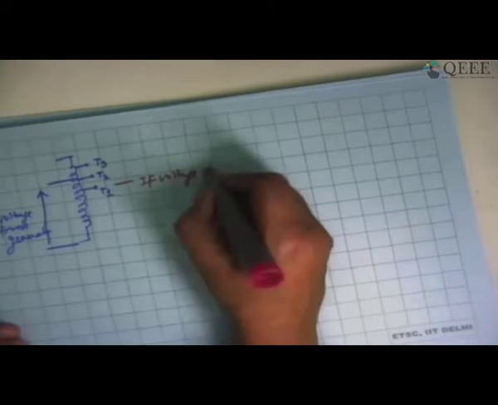I can have a tapping here, here, here, and so on. Let us say this is tapping 1, tapping 2, tapping 3. Tapping 1 will be used if the voltage from the generator is higher than expected, or there is light load.